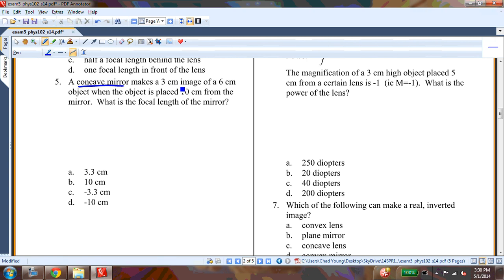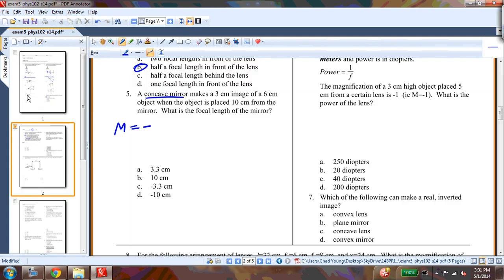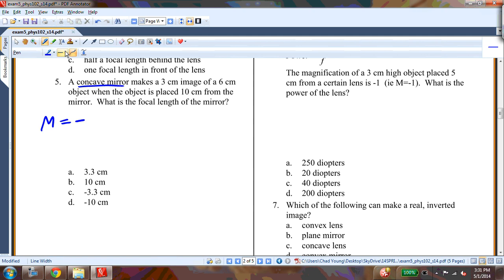Because it's making a smaller image, I know that this is inverted, not upright. So my magnification is going to be negative HI over HO, which is 3 over 6, or negative 1/2.